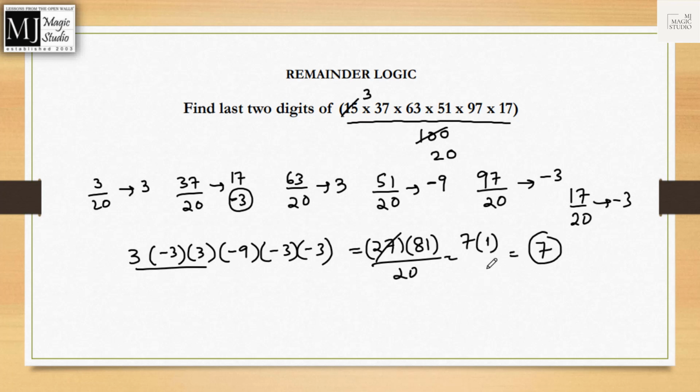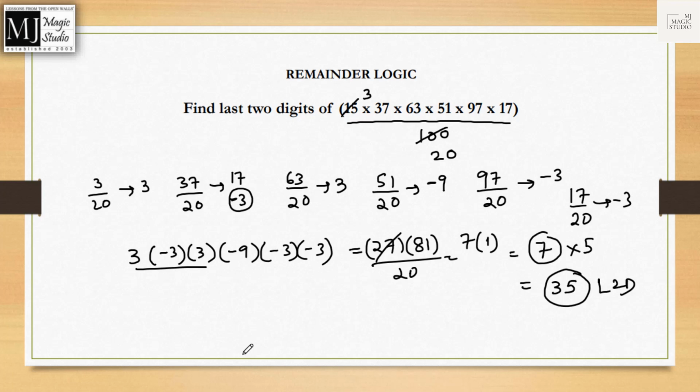But mind you, we are dividing this by 20. As said, if we are dividing by 20, we need to multiply this by 5, since we have divided these two numbers by 5. So 7 into 5 will give 35, and 35 is nothing but the last two digits of this expression when multiplied.